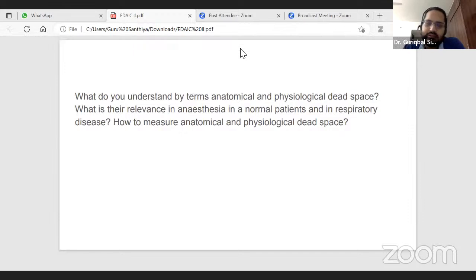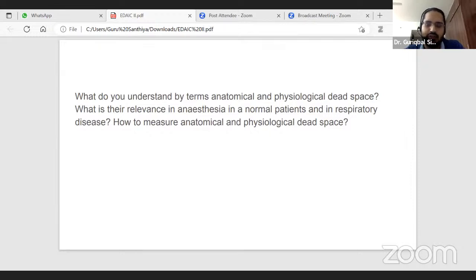So anatomical dead space is the volume of the gas in the conducting airways, which doesn't take part in the exchange of gases, while physiological dead space is the sum of anatomical and alveolar dead space. Alveolar dead space is the gas in underperfused or non-perfused alveoli.